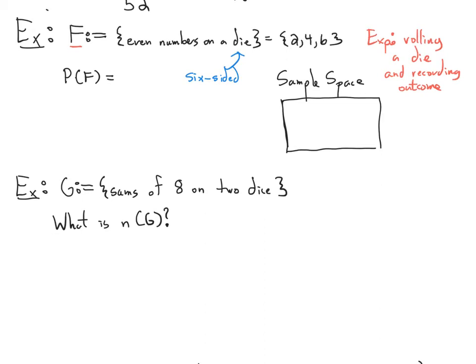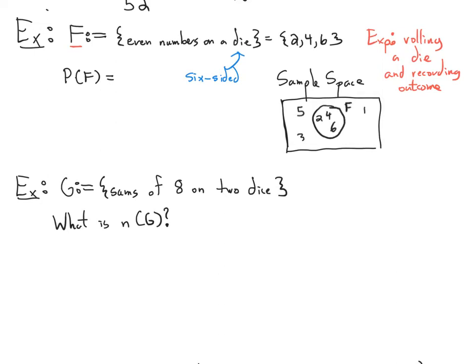So our event F, I just picked the letter F because we already used E. It doesn't really matter. You can name events whatever you like. So it is, in fact, these 3 outcomes: the outcome 2, the outcome 4, the outcome 6. So you can imagine we could have a little Venn diagram here. Here's event F. Inside is going to be 2, 4, and 6. And outside in our sample space are the other ones, 1, 3, and 5.